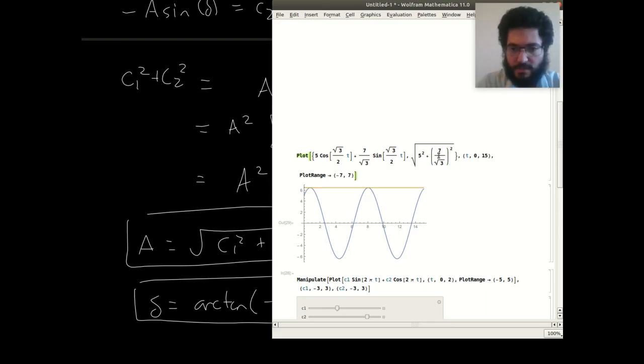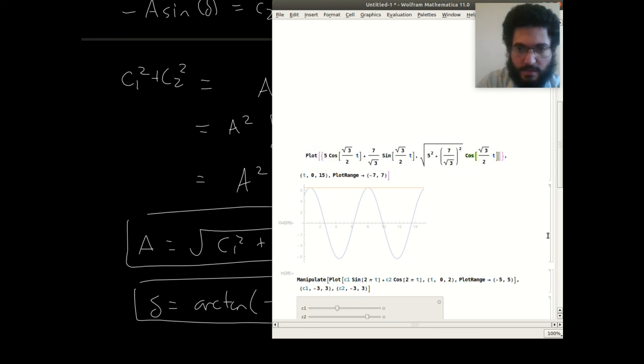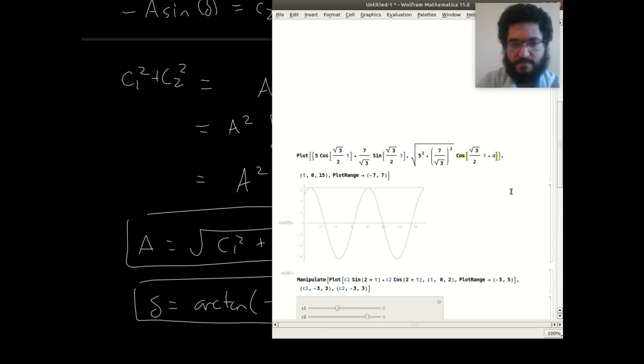So back here, let's see. Instead of plotting this constant function, let me plot this times cosine of omega t. Oops. Cosine omega t, and then let me add delta. Like this.